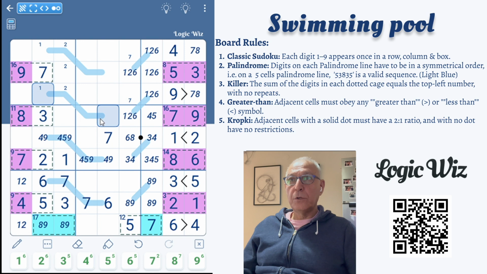This can be a 4. Here, one of these two cells must be 3. We must have a 4 over here.